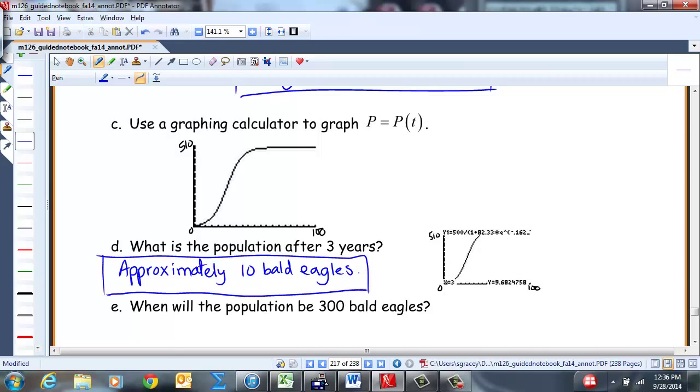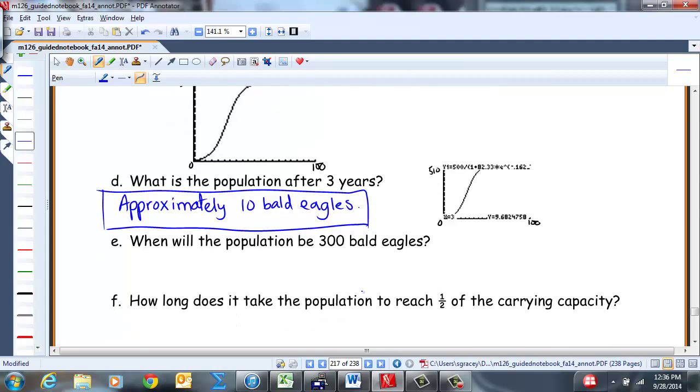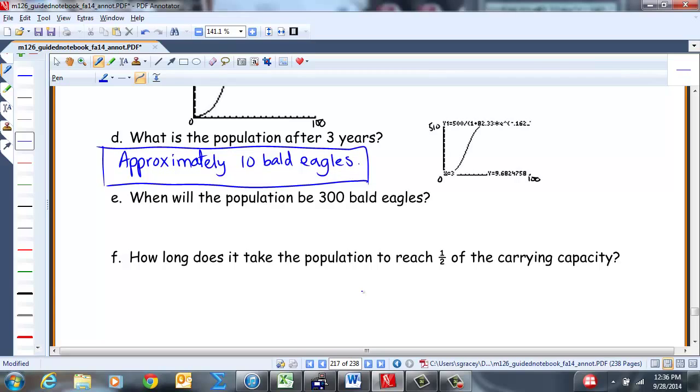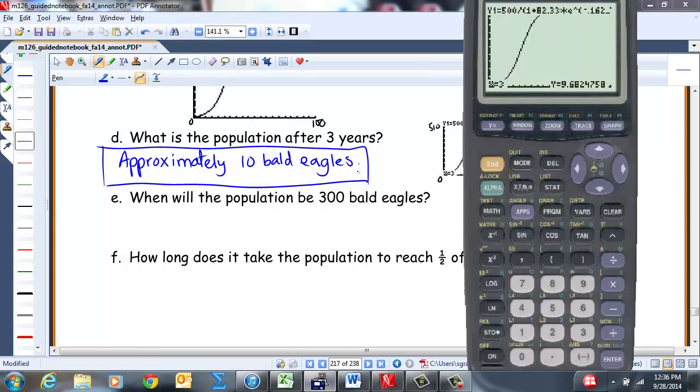And then when will the population be 300 bald eagles? Well, how do we do it? Great, we need to do an intersect again. So we go to our y equals, go down to y2, and enter 300 and graph.